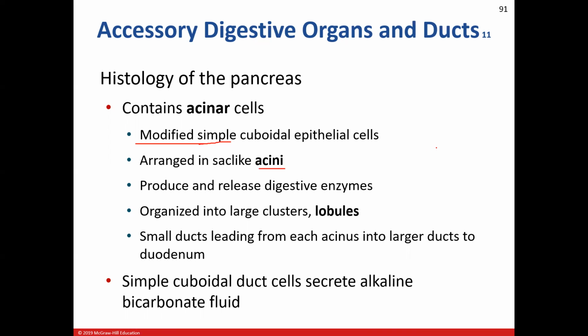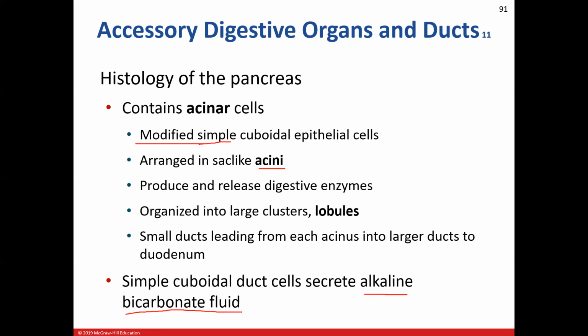But if you recall, for glands you have the secretory portion, and then you have the conducting portion. The secretory portion is the acini. The ducts are the structures which those secretions are going to pass through. Well, the cells in the ducts have a secretory role, and they're going to secrete that alkaline bicarbonate fluid that I was telling you about.